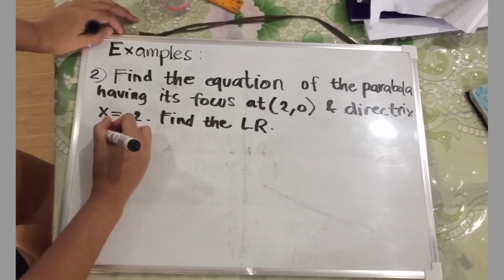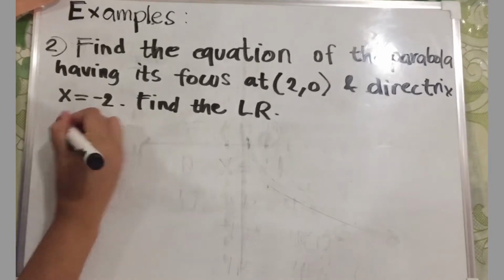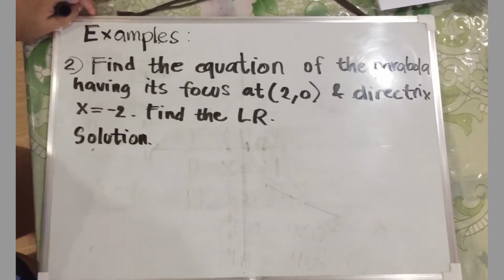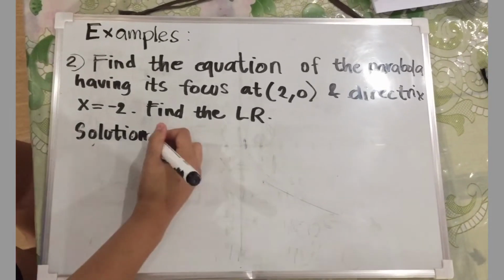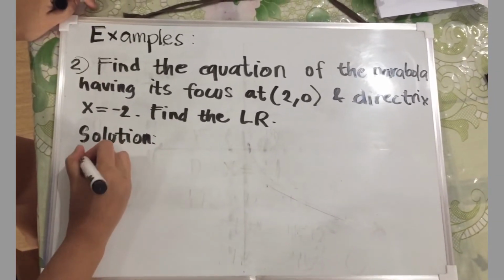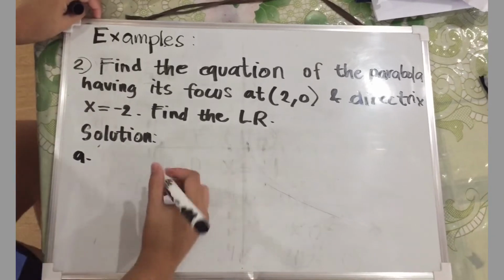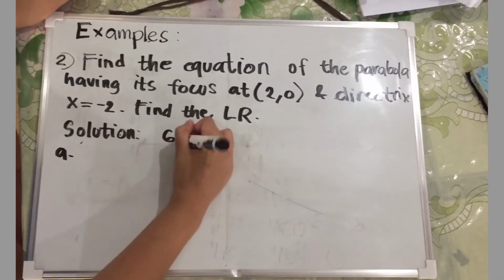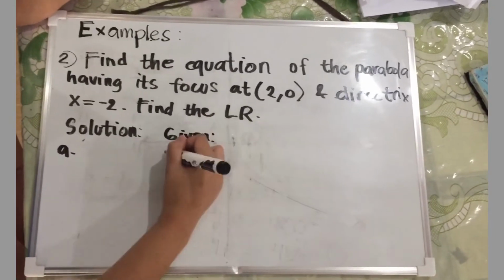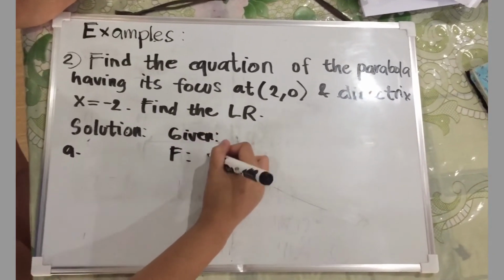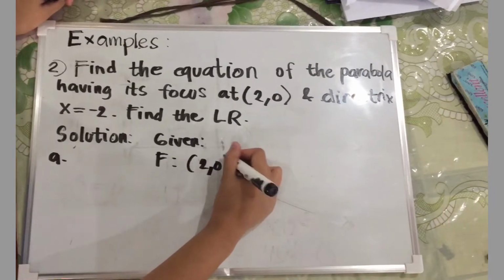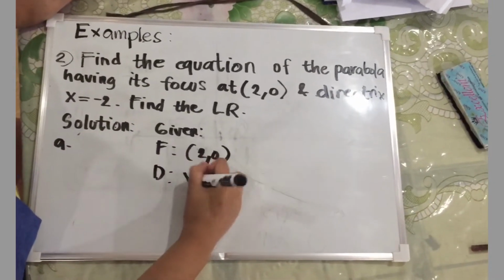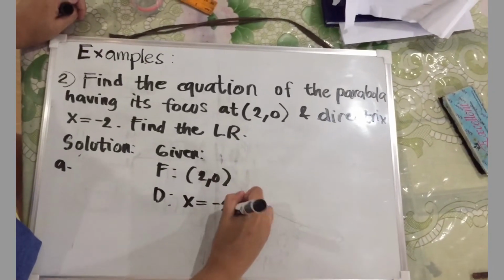So the solution is first we have to find the A. So from the given, the focus is at point 2, 0 and the directrix is equal to negative 2.